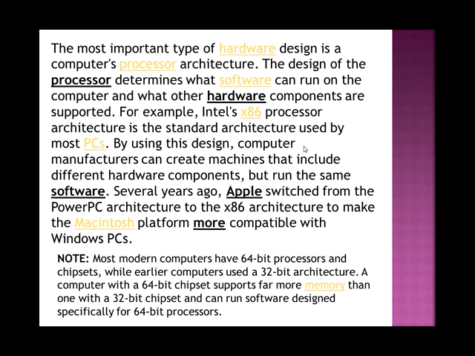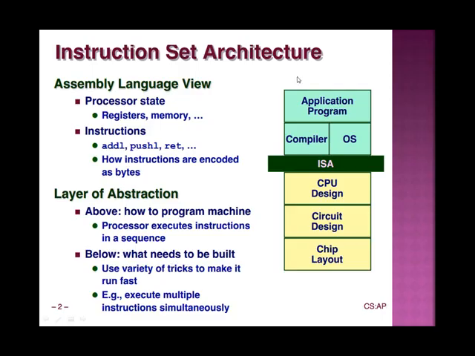Many times, Apple switched from the PowerPC architecture to the x86 architecture to make the Macintosh platform more compatible with the Windows PC. And this is the important line: in the day-to-day scenario, modern computers use 64-bit processors, while earlier computers used 32-bit architecture.